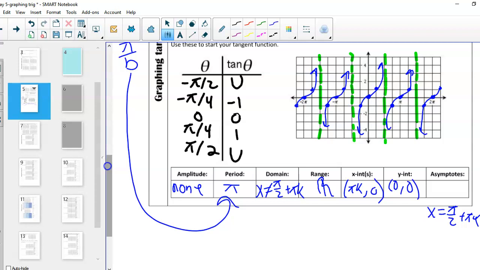Once we get down to it and have done the majority of these, really you need to be able to figure out your amplitude, your period, your asymptotes, your midline, but tangent doesn't have one. You can write that if you would like. Your phase shift, so that's your horizontal shift, and your vertical shift. We won't really be looking at domain and range, x and y intercepts. It's just good to kind of see.